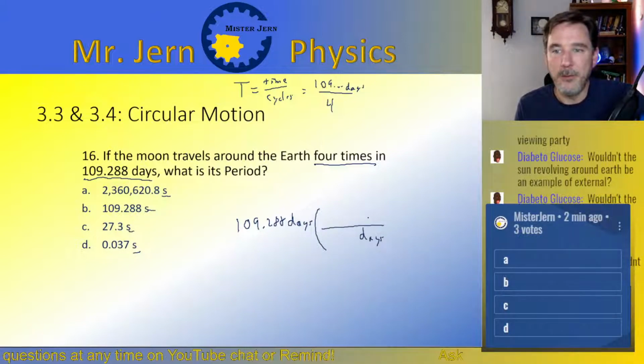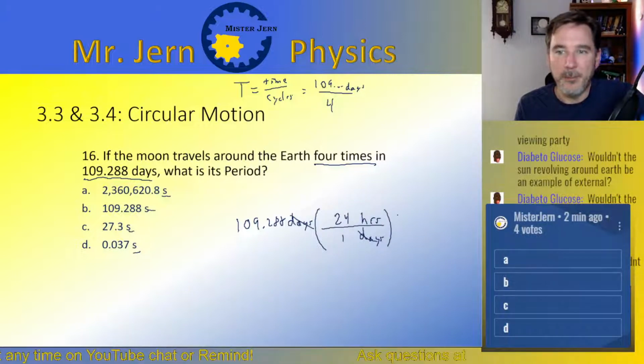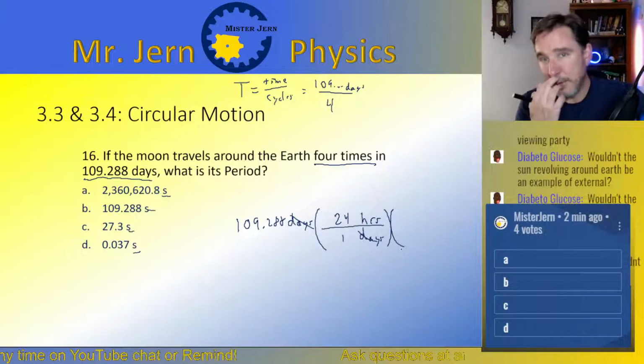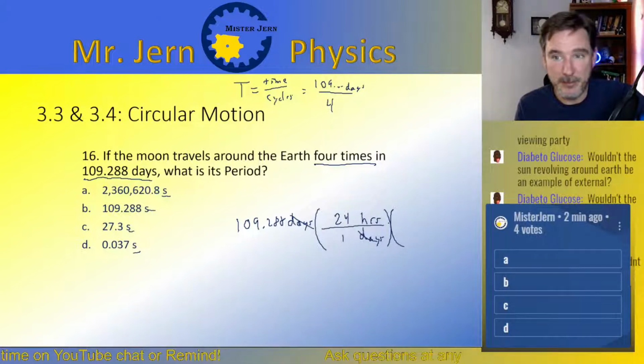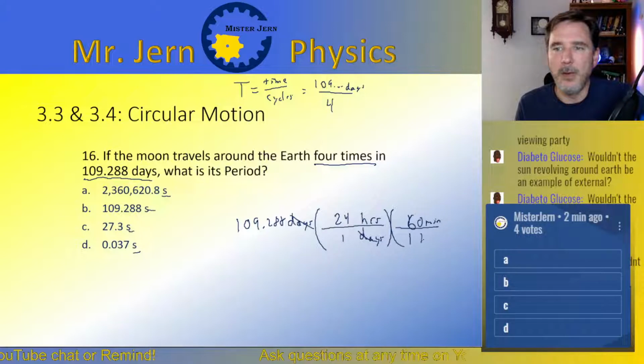The best way to do that, I don't know how many seconds are in a day, but I do know how many hours are in a day. There's 24 hours in one day, right? So that's going to cancel out. I'll be left with hours. I don't know how many seconds are in an hour, but I do know how many minutes are in an hour. So I know that there's 60 minutes in 1 hour.